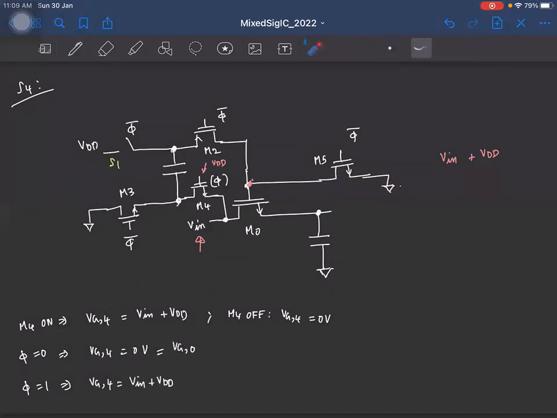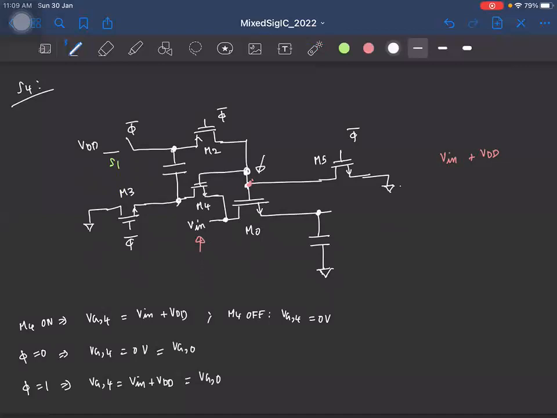And when phi equal to 1, we clearly see that this transistor is on. So what will happen? This voltage, that is the gate of the transistor M0, will be pulled to Vin plus VDD, right? So what can be done is the following. We can connect the gate of this transistor M4 to the gate of this switch M0 itself.